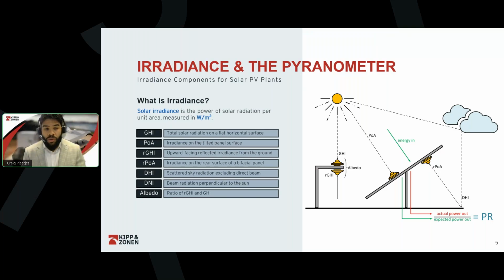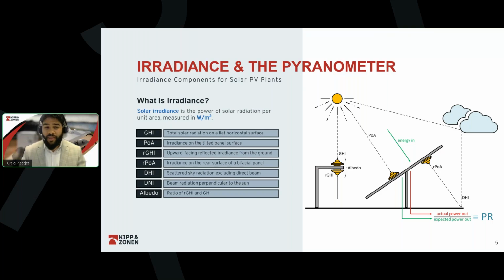There are also the reflected equivalents of these, which would be RGHI and RPOA, and these are measuring the upward facing and rear facing irradiance respectively. Other important measurements are diffuse horizontal irradiance, or DHI, which measures the scattered radiation from the sky, excluding the direct beam from the sun, and albedo, which is the ratio of the reflected to the incident irradiance. Both of these are critical for bifacial systems.